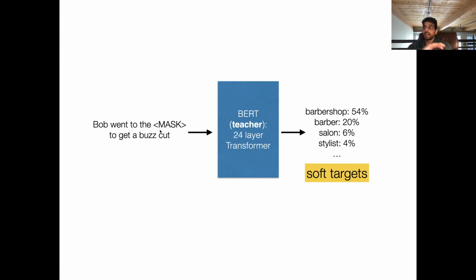So now my ground truth probability distribution is this one hot vector, right? It's putting 100% of the probability mass on barbershop and 0% everywhere else. In contrast, we can view the predicted distribution produced by our teacher model as another kind of ground truth distribution for training a student model.